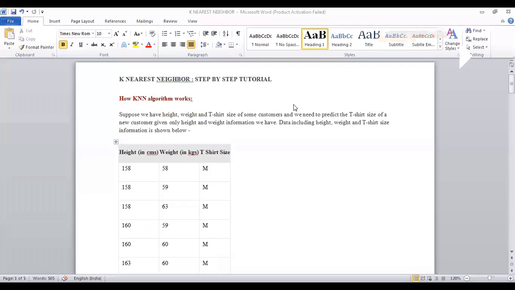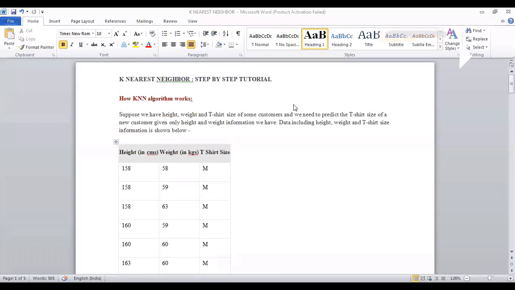To evaluate any technique, we generally look at three important aspects. The first one is the ease to interpret the output. The second one is the calculation time. The third one is the predictive power. KNN is one of the simplest machine learning algorithms based on supervised learning technique.